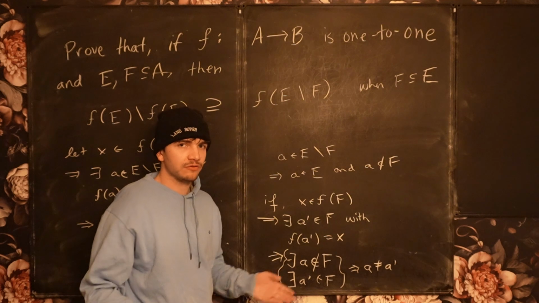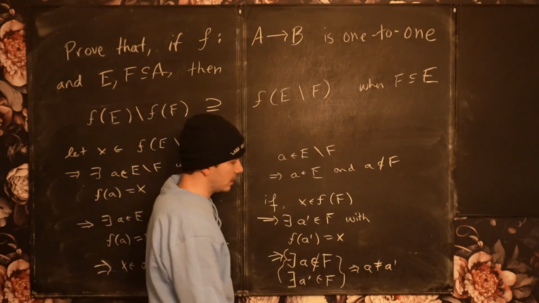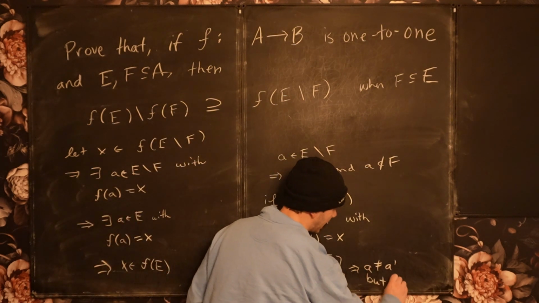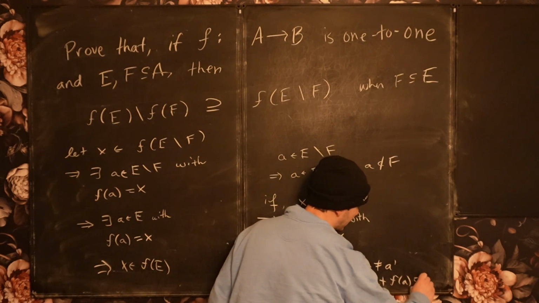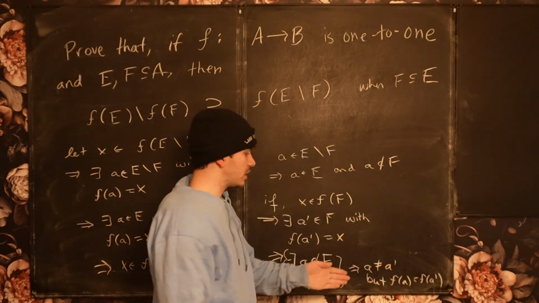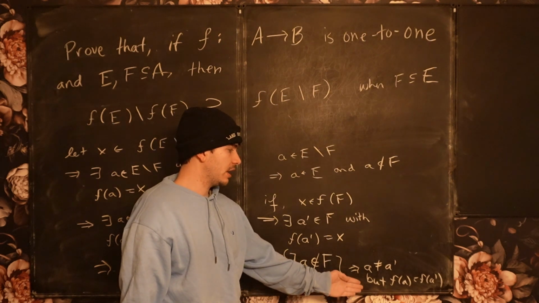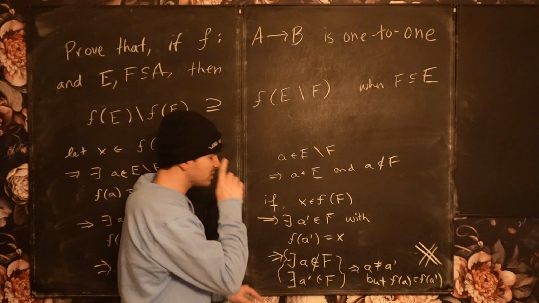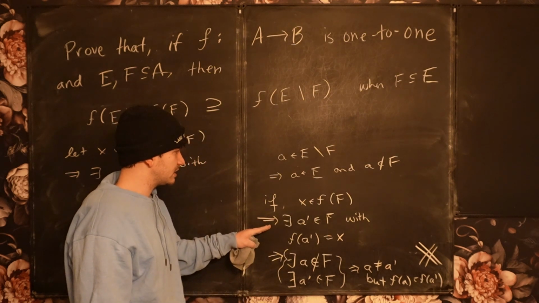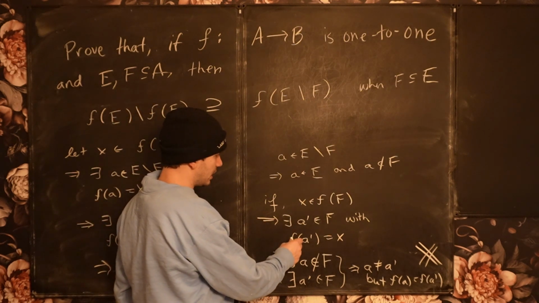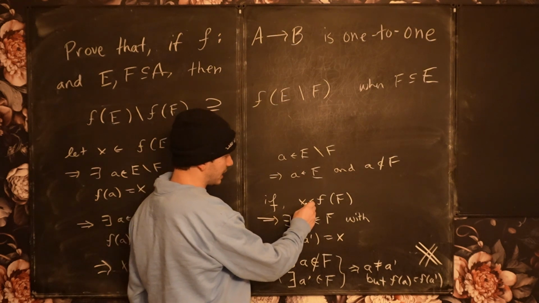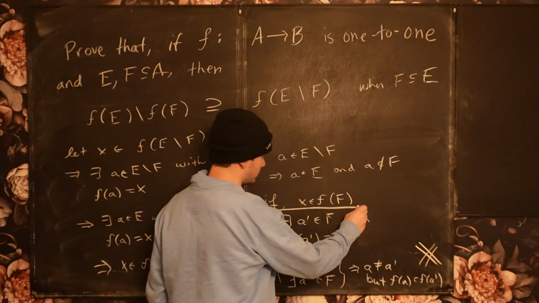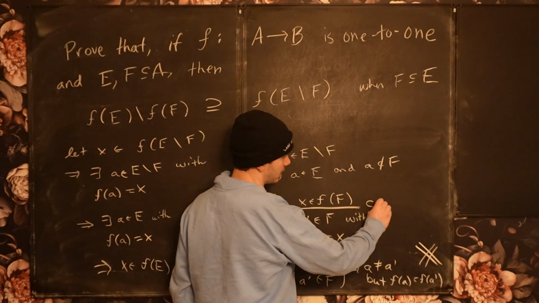One belongs to the set F, one doesn't, so they're not equal. But f of A equals f of A prime. So this contradicts the one-to-one nature of f. So this is a contradiction, and what the contradiction does is it tells me that this statement is false.